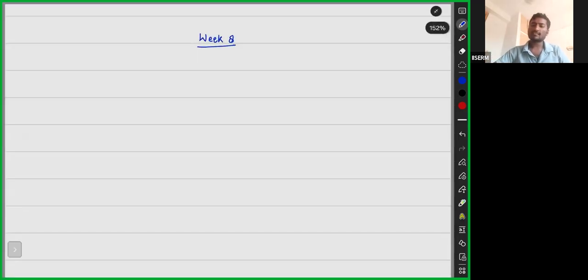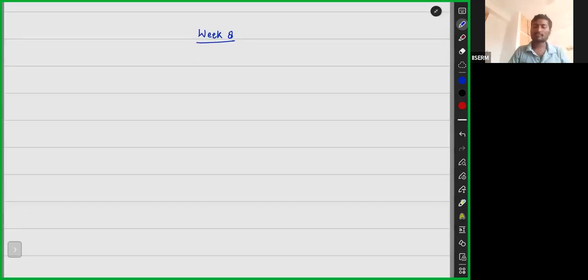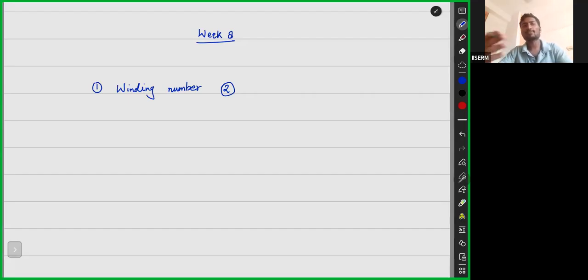Right. So week 8 started with the definition of winding number. And then the open mapping theorem was the second part, or you can call one more result in between, which was the inverse function theorem. But that is also very important.